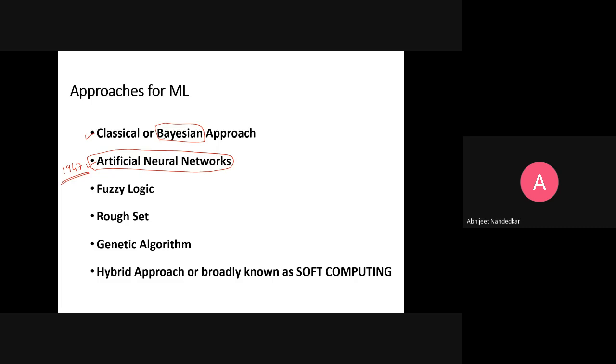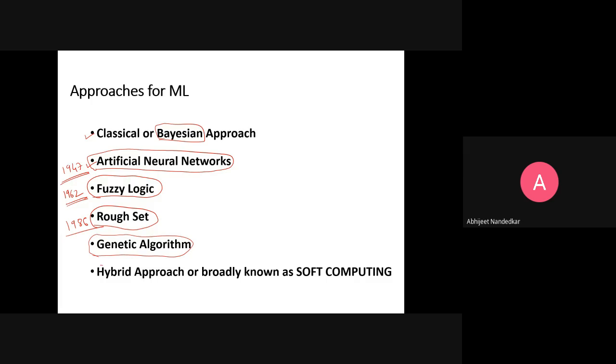Then fuzzy logic is another way of doing machine learning. It came in 1962. Then came rough set, I think in 1983 or 1986. Then, based on Darwin's principle, there is the genetic algorithm, which is basically used for optimization problems.